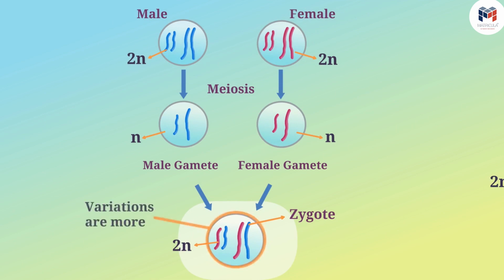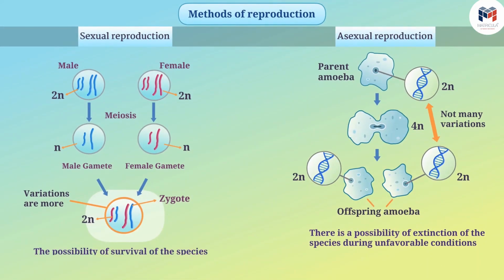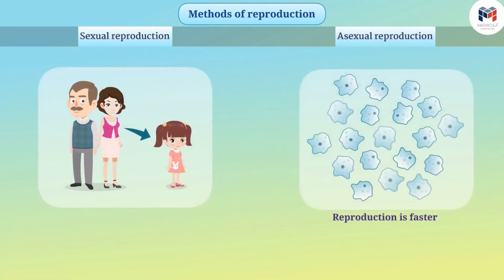Therefore, variations are more. Therefore, the possibility of survival of the species during unfavorable conditions is high. Asexual reproduction is faster as compared to sexual reproduction.